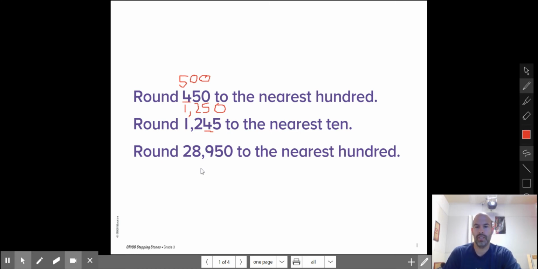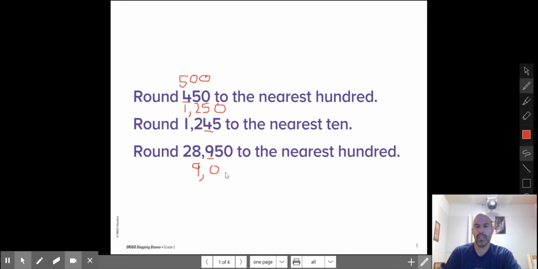And now it says round 28,950 to the nearest hundreds. So we're going to look at the hundreds place value this time and look over here at the tens place value. Now, if we round up, 9 becomes 10. So what does that mean? We're going to round this up to 9 in the thousands place. These become zeros.